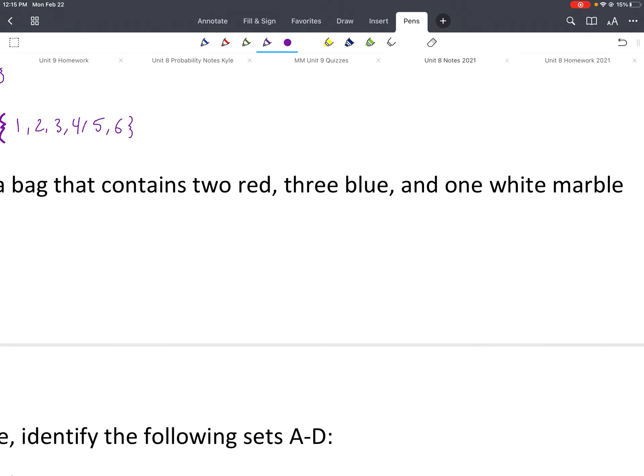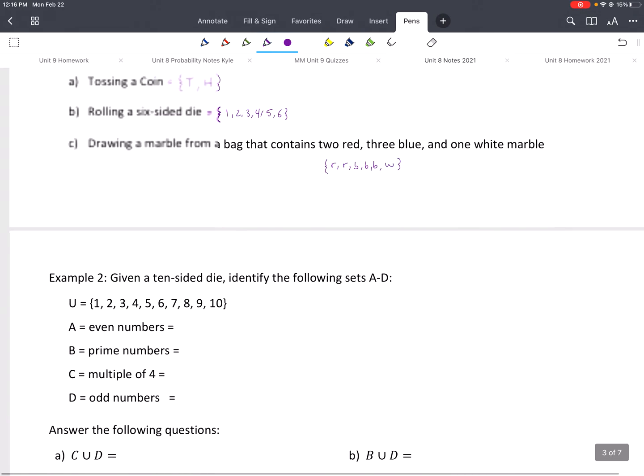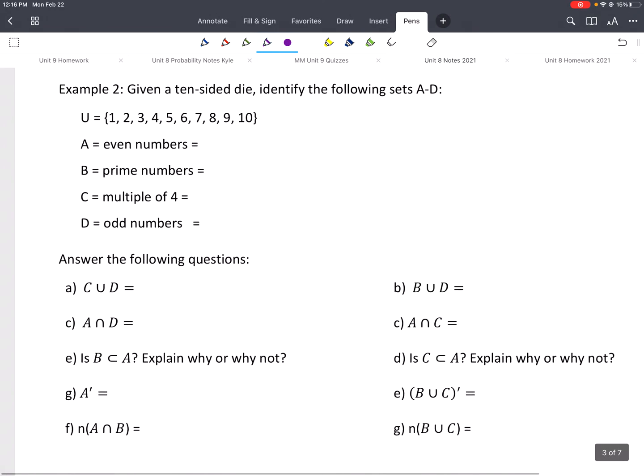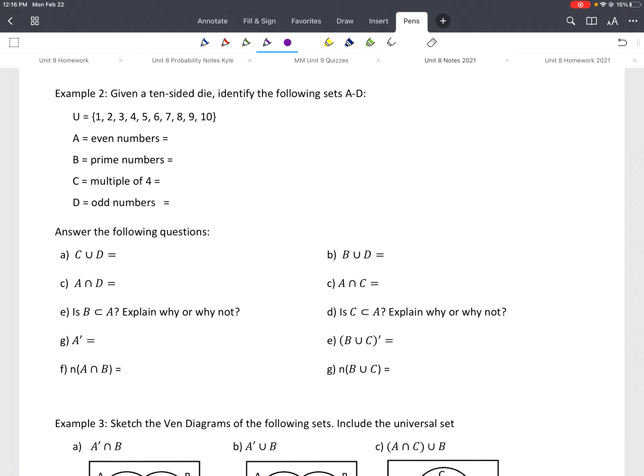So we have a red, a red, a blue, a blue, a blue, and a white. This would be our set that we can choose from. All right. Half of your homework is going to be doing something like this.